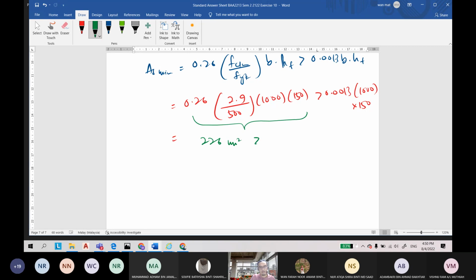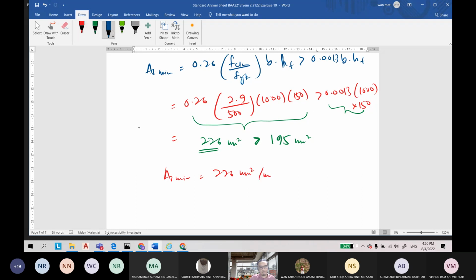And this must be greater than 0.0013 times 1000 times 150, which is 195 mm square. So we select the minimum one: AS minimum is equal to 226 mm square per meter.